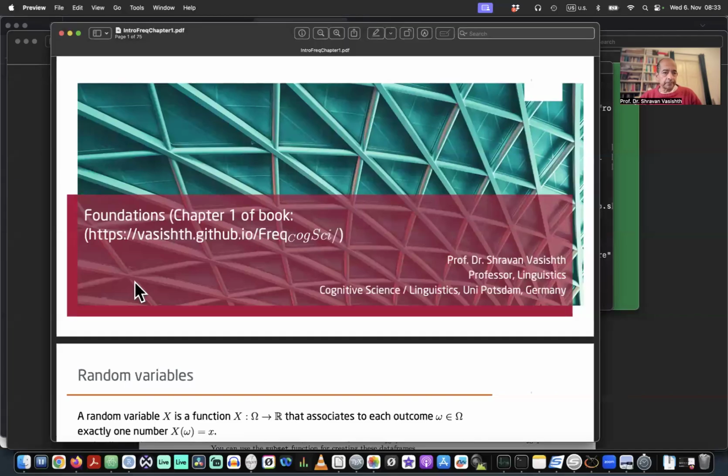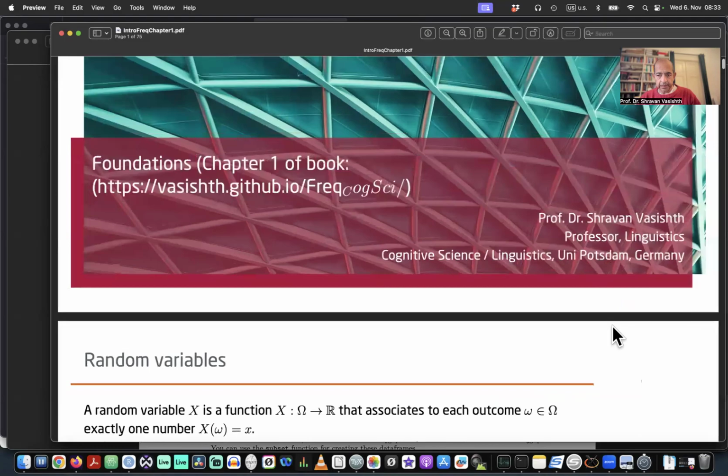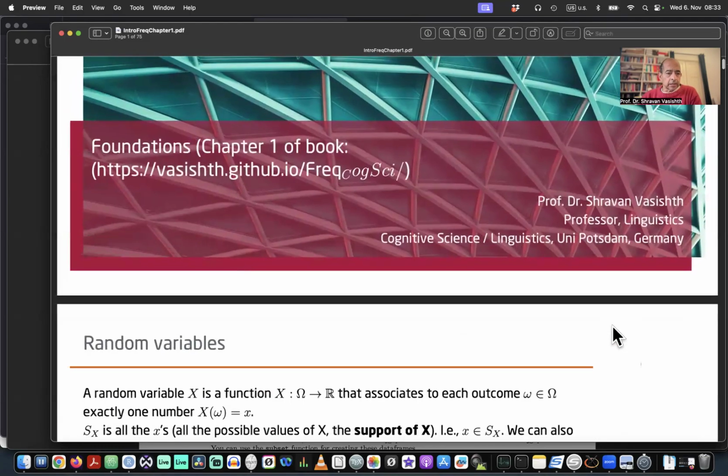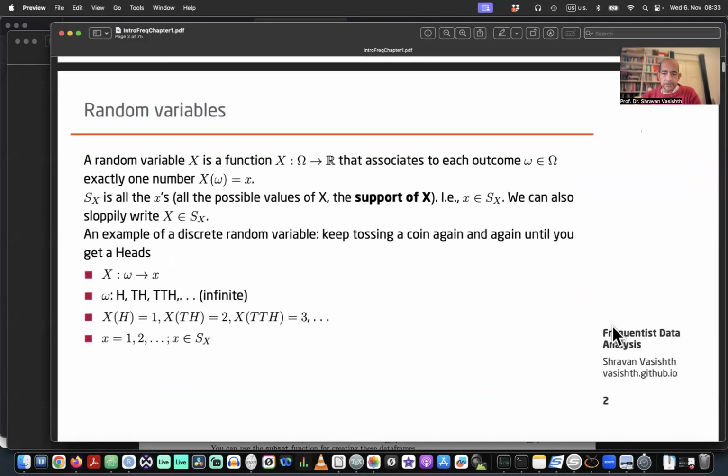Okay, so these are the slides which I'm going to put up so that you can access them later on. So basically, as I discussed in the class as well, we are always going to be confronted by data in one form or another.